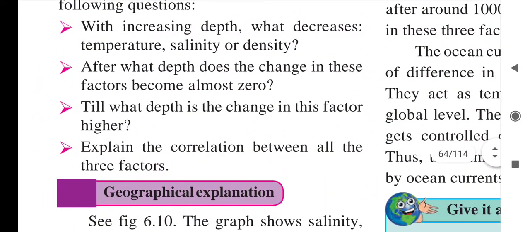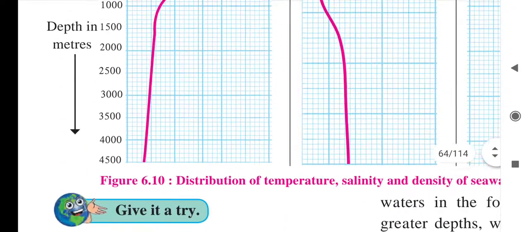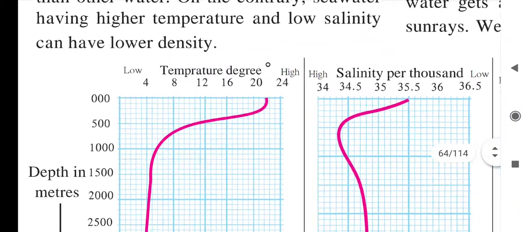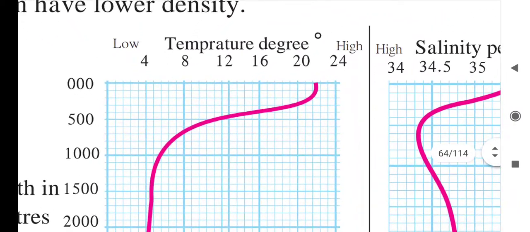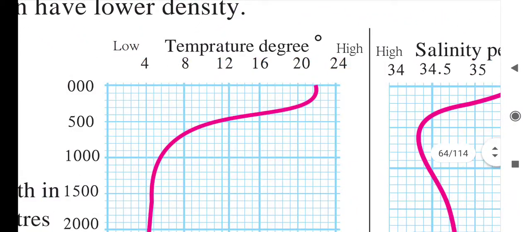Next question: till what depth are the changes in the factors higher? Students, in the first diagram we can see 24, then 20, 16, 12.